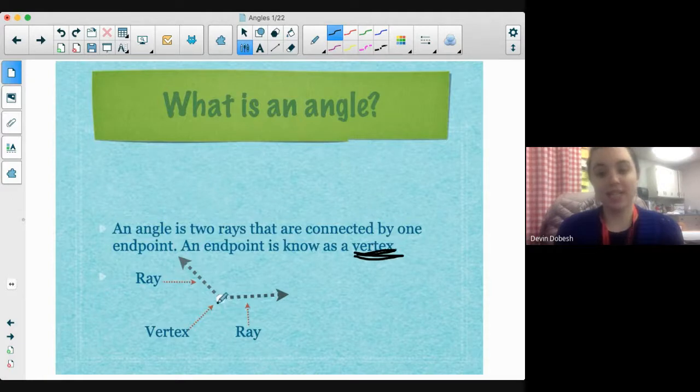Vertex is the endpoint or the part where two rays come together, and it creates the angle. The angle is the opening between the two rays.